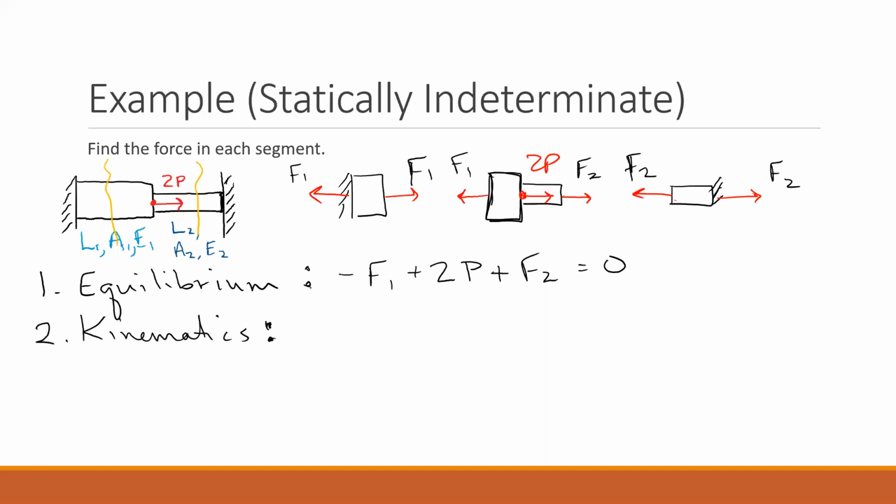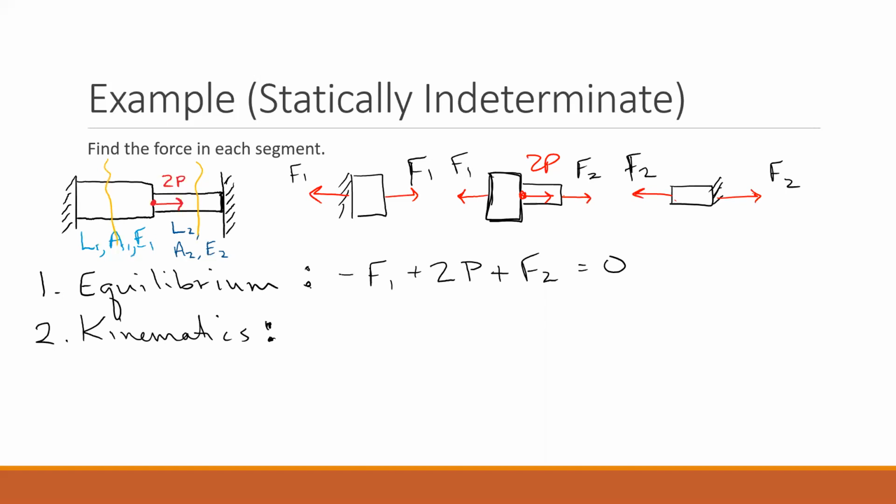So at this point, it's important that you're consistent with your sign conventions here. We assumed tension for both of those. So we're now going to assume expansion for both of these.